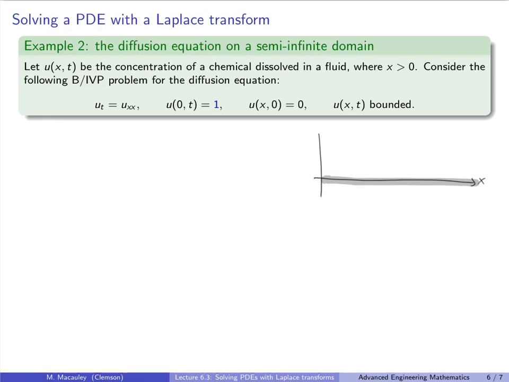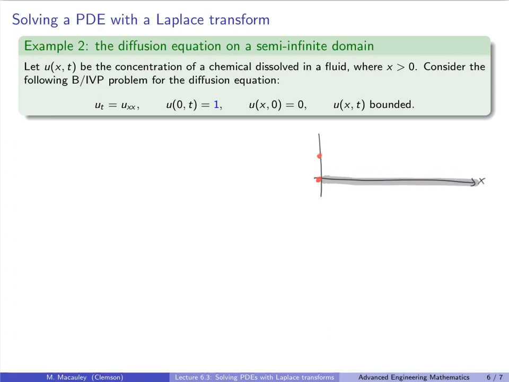And the boundary condition says that for all time t, there is 1 unit of contaminant at this endpoint. So maybe I should sketch this as being up here schematically, even though the physical pipe is down here.